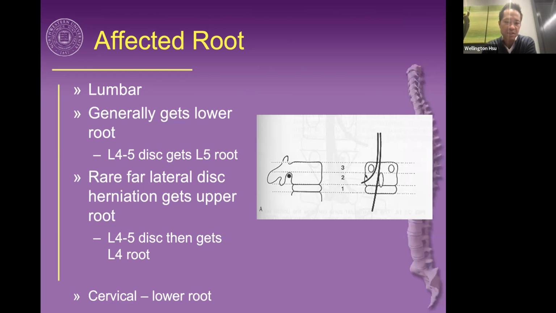Important to remember, C7-T1 involves the C8 nerve root, and then from every level distal to that, the exiting nerve root exits below the corresponding pedicle. So T1 below the T1 pedicle, and the L1 nerve root below the L1 pedicle, and so on and so forth.